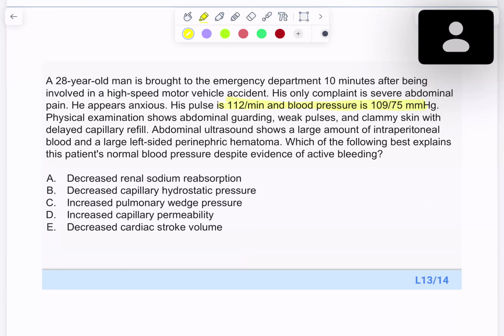Abdominal ultrasound shows a large amount of intraperitoneal blood and a large left-sided perinephric hematoma. Which of the following best explains this patient's normal blood pressure, despite evidence of active bleeding? So here you can see that this patient has internal bleeding, and despite that, his blood pressure is normal, and his pulse is slightly increased.